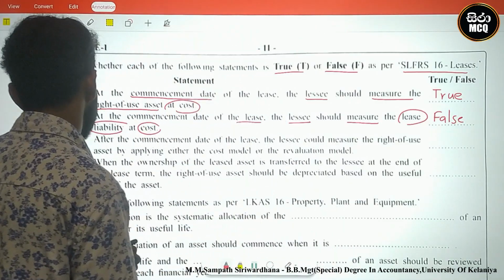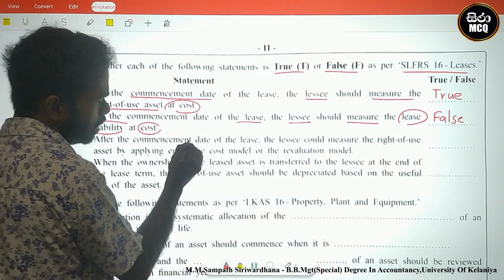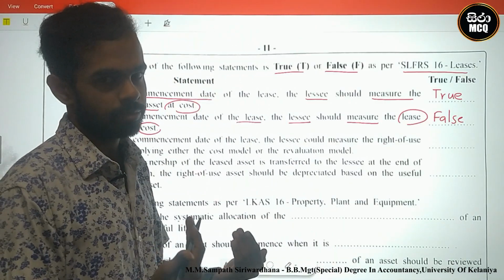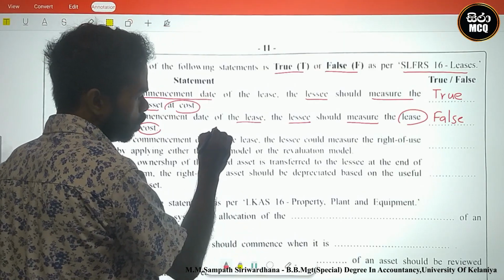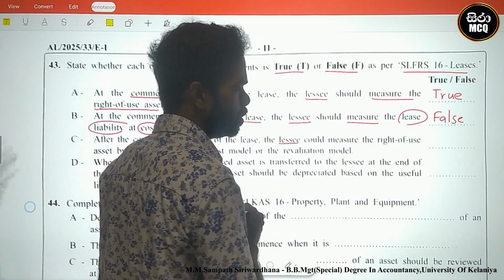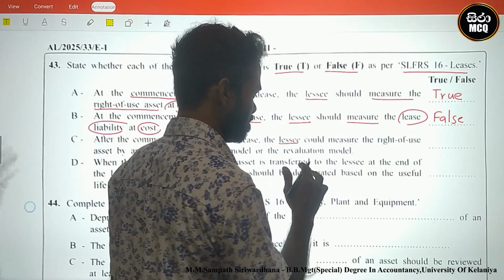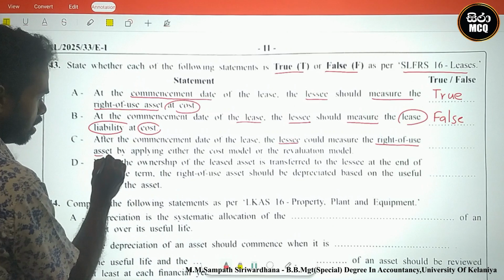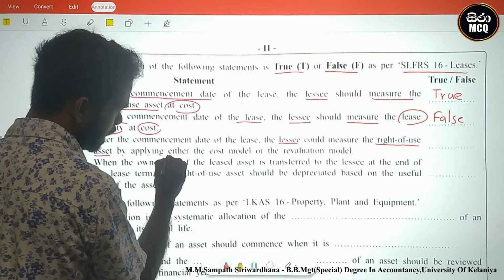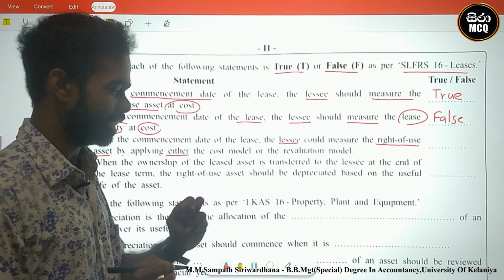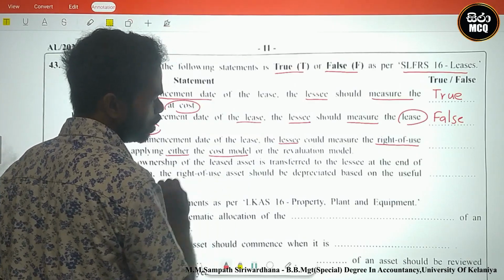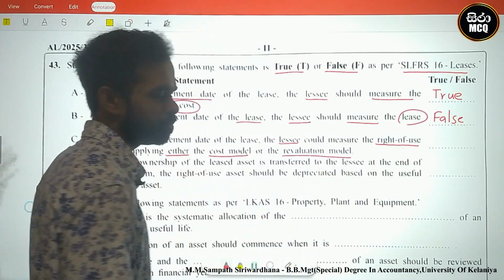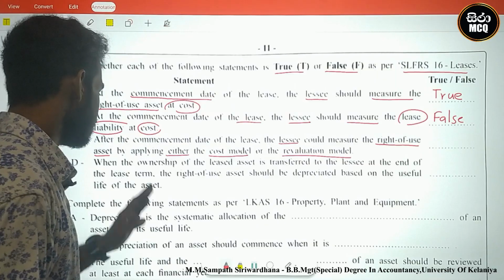Okay, what is the third one? After the commencement date, the lessee, meaning the purchasing person, our company, could measure the right of use asset by applying either, there are two options, either the cost model or the revaluation model. Can you agree with this? Yes.